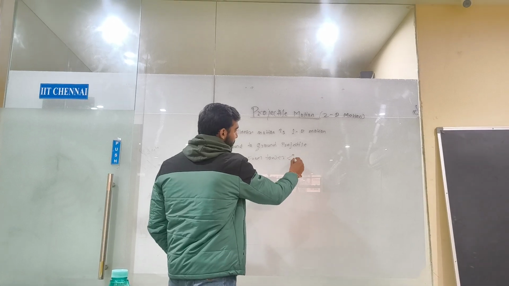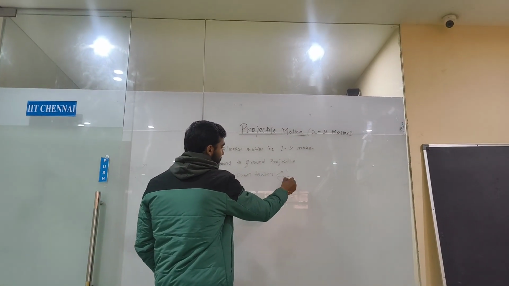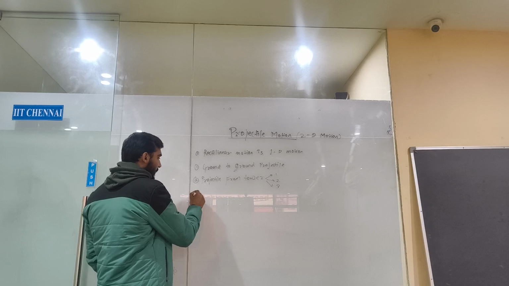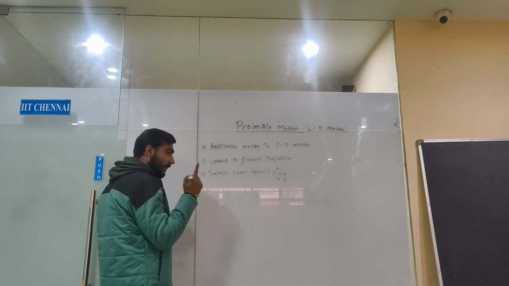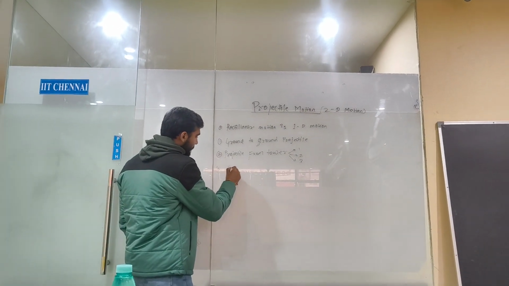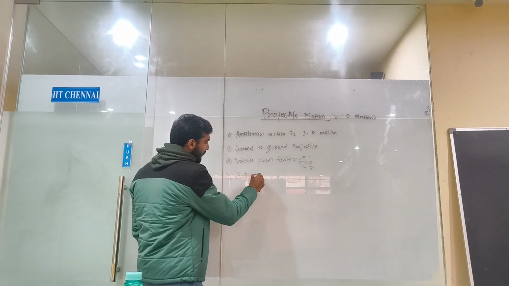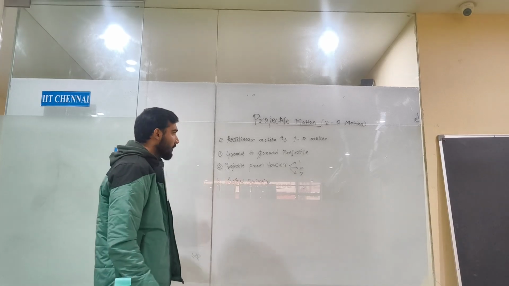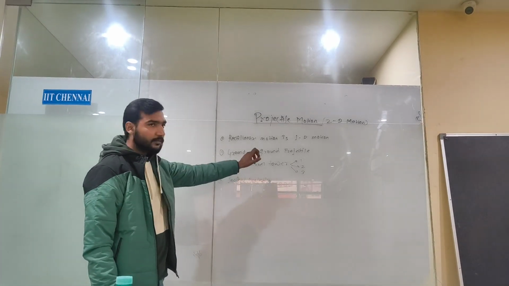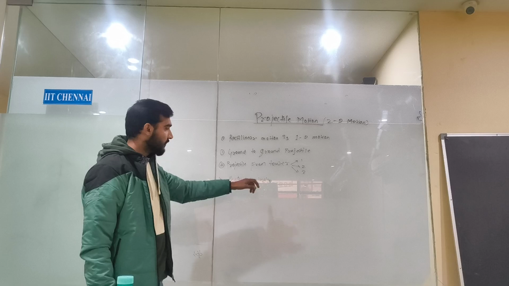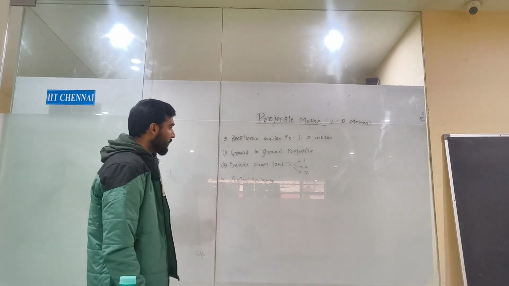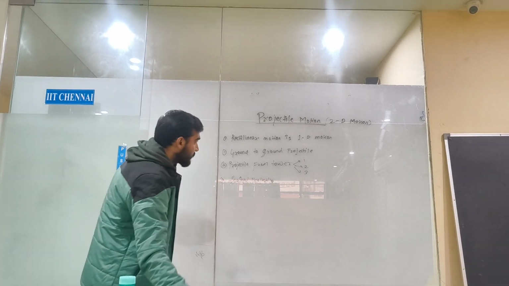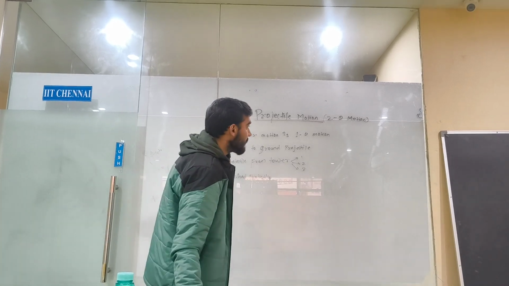In this, we have three cases: first, second, and third. Third and final is inclined projectile. Okay. So first we study ground to ground projectile, after that projectile from tower, and after that inclined projectile. Okay. So let's start with it.